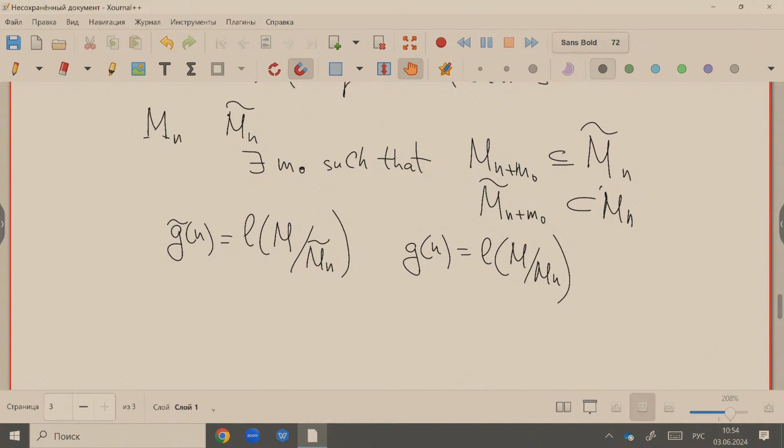Suppose you already know that Gn is polynomial for large n.